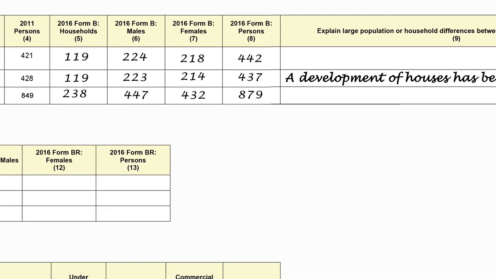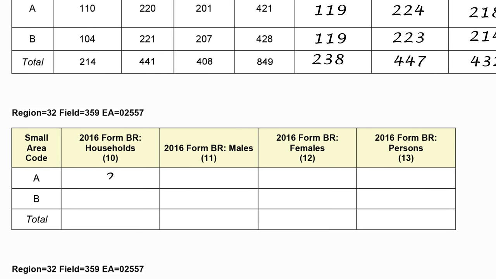For occupied dwellings where a completed census form was not received, transcribe males, females, and persons within each small area from Form BR into the corresponding columns for that small area on the Form C. Tot up columns 10 to 13 to produce an enumeration area total for each column.